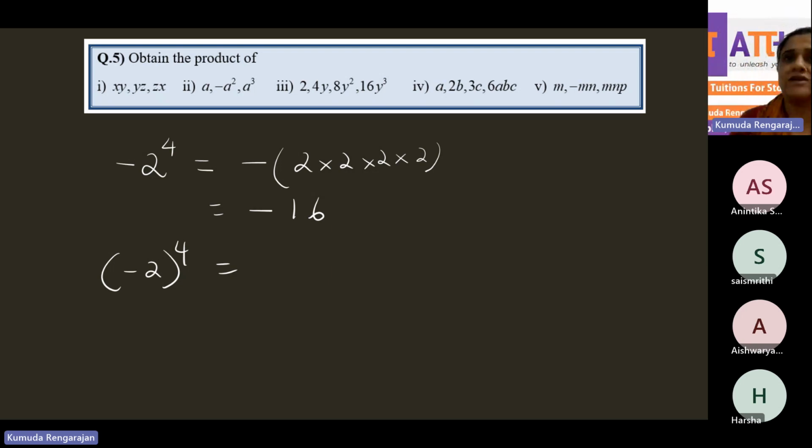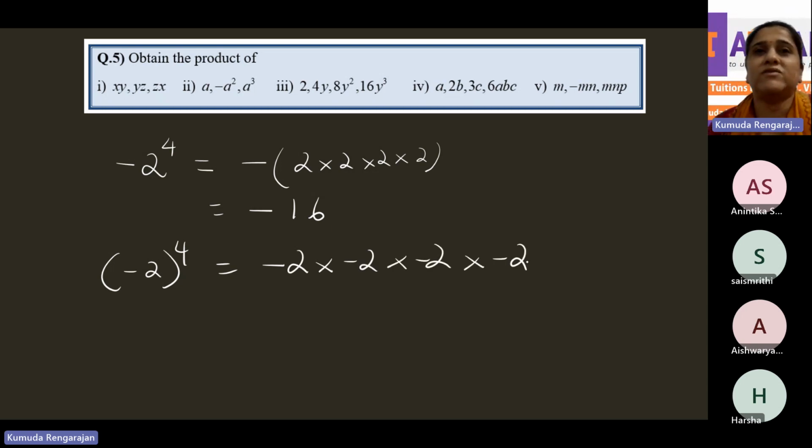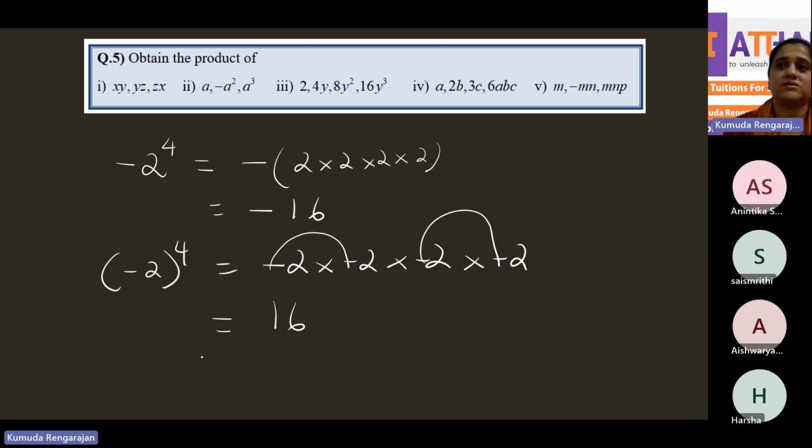It's for the minus and the 2. That's why the bracket. That means it is minus 2 into minus 2 into minus 2 into minus 2. Minus 2 is multiplied with itself 4 times, which is positive 16. Minus into minus plus, minus into minus plus. Positive 16.